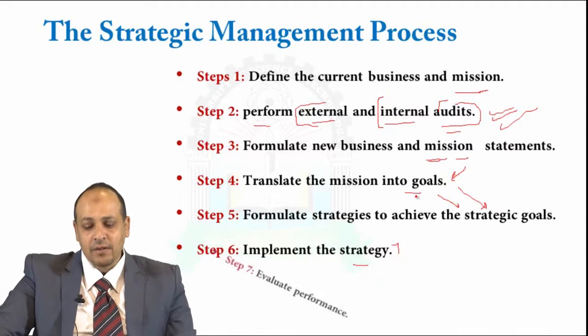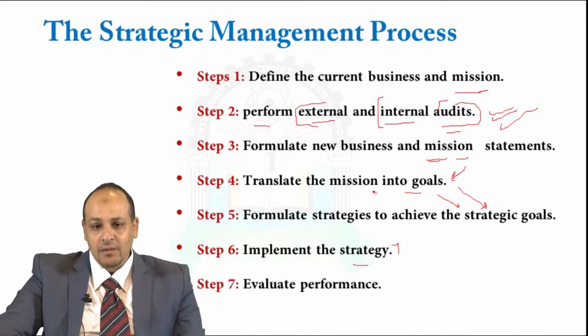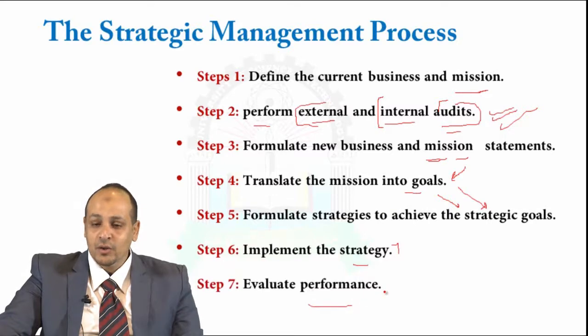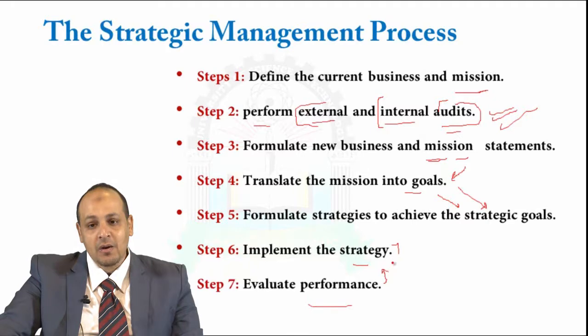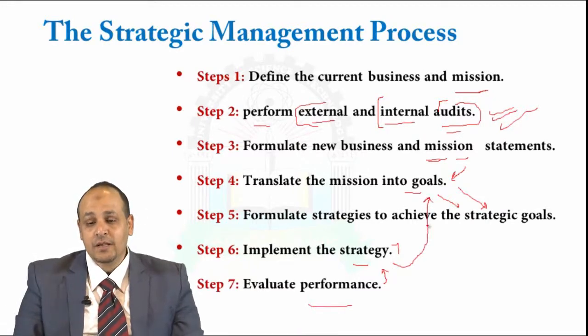And finally we have to evaluate the performance. The reason we have to evaluate performance is that we need to know to what extent our strategy is achieving the goals, or to what extent this strategy is actually practical.